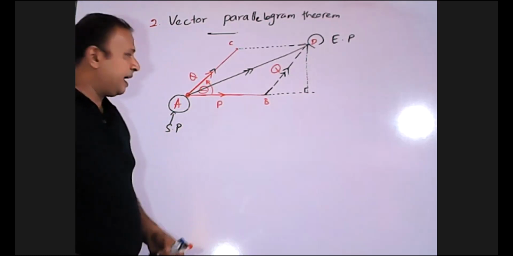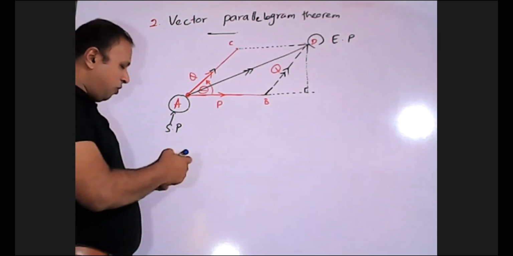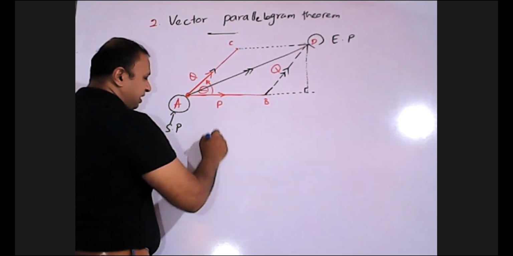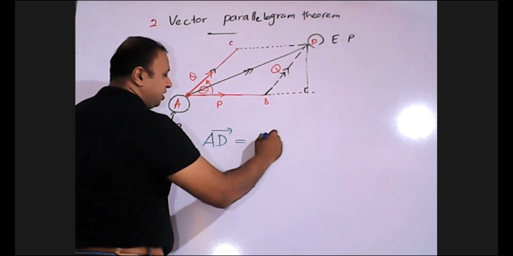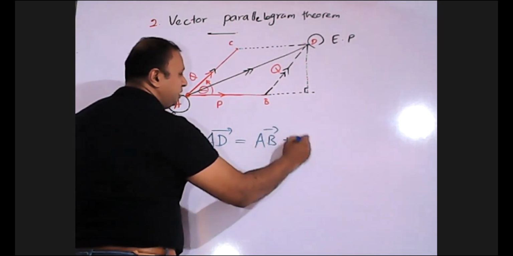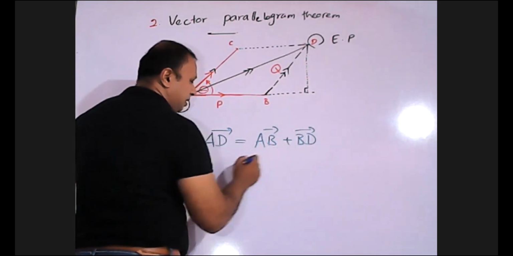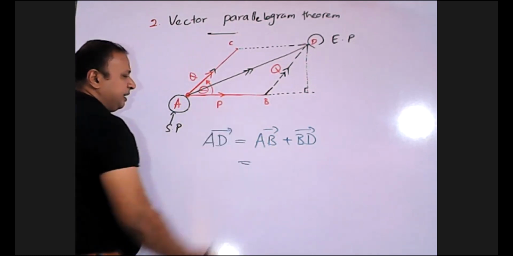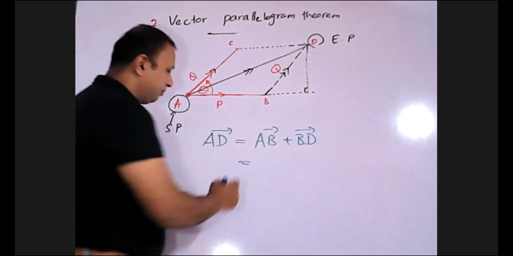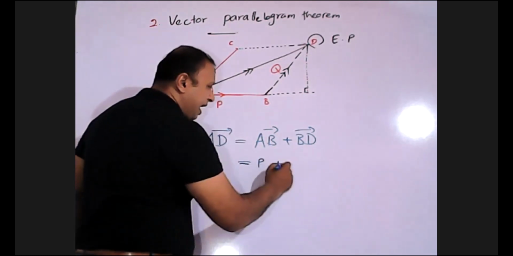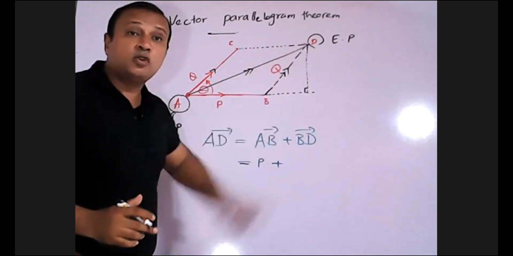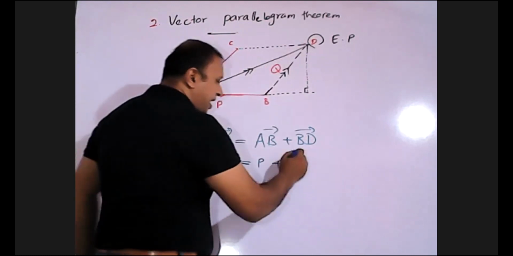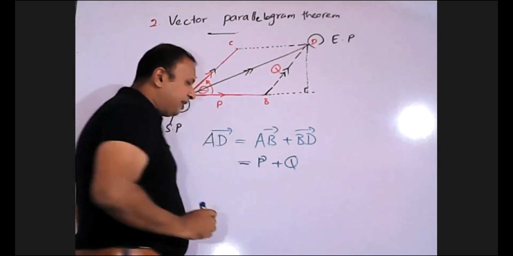Yes, sir. Thank you. Therefore, the AD vector is equal to the addition of AB plus BD. You know the AB vector is equal to P, and previously I have shown the BD vector is equal to Q. Look at this.